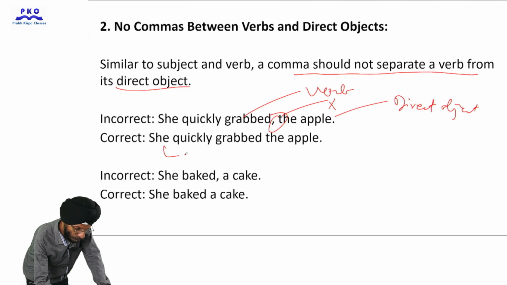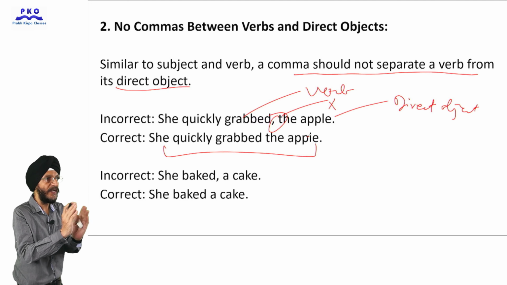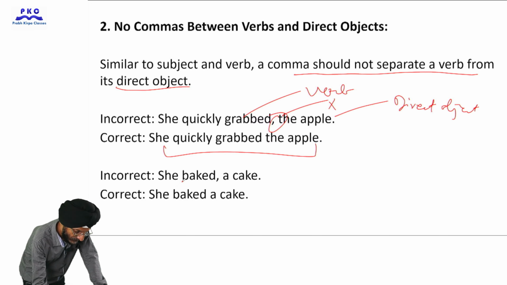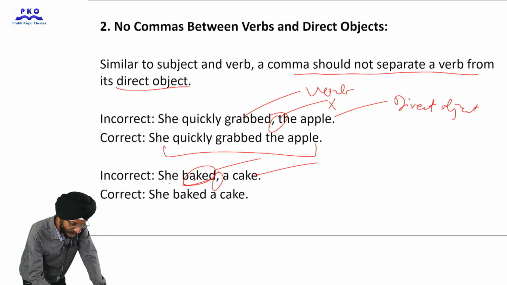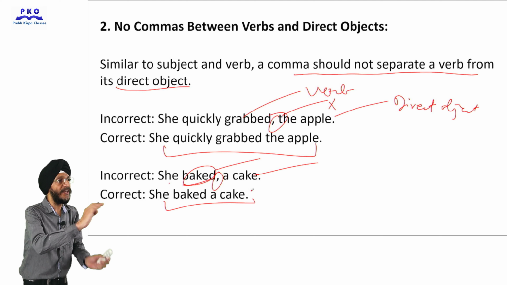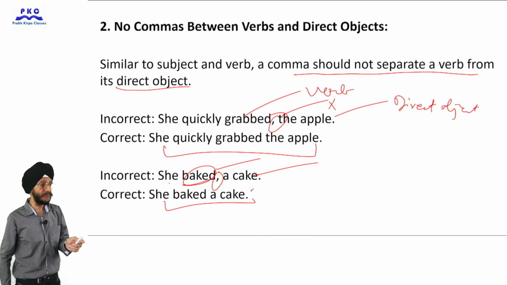The correct sentence is she quickly grabbed the apple. No comma in between verb and direct object. She baked a cake. Baked is a verb. Cake is the direct object. Here again an unnecessary comma is there. So the correct is she baked a cake without any comma in between verb and direct object.